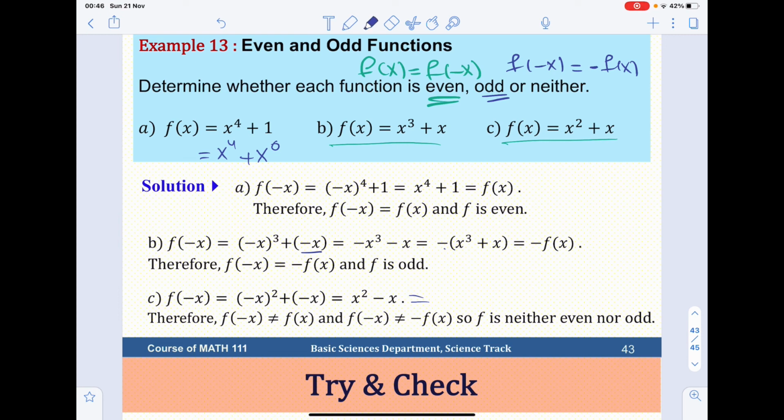So we can see that this has even powers, so the function is even. For the second one, this is x to the power 3 plus x to the power 1. And as you see, this is odd and this is odd, so the whole thing is odd. But for this one, we have this is even, and here is 1, which is odd, so even and odd, so it's neither even nor odd.